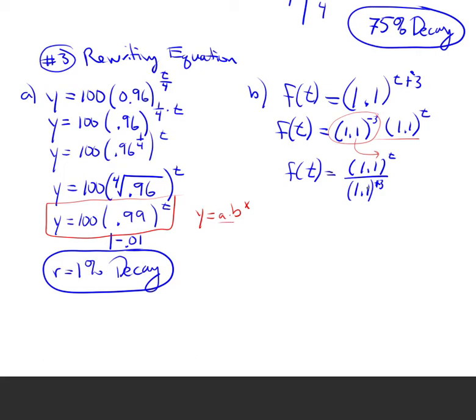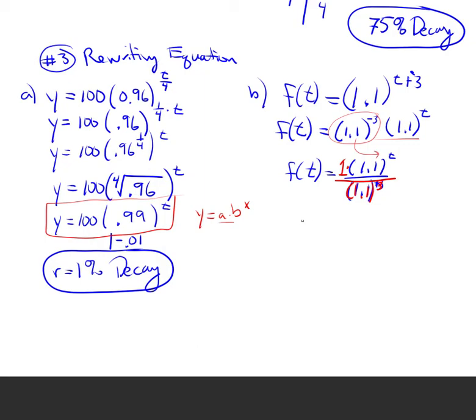So this right now is in the denominator, so I have to think about using 1 over 1.1 to the third power. I want to simplify that part because this 1.1 to the t power is fine. So we take 1 divided by this number in the calculator.